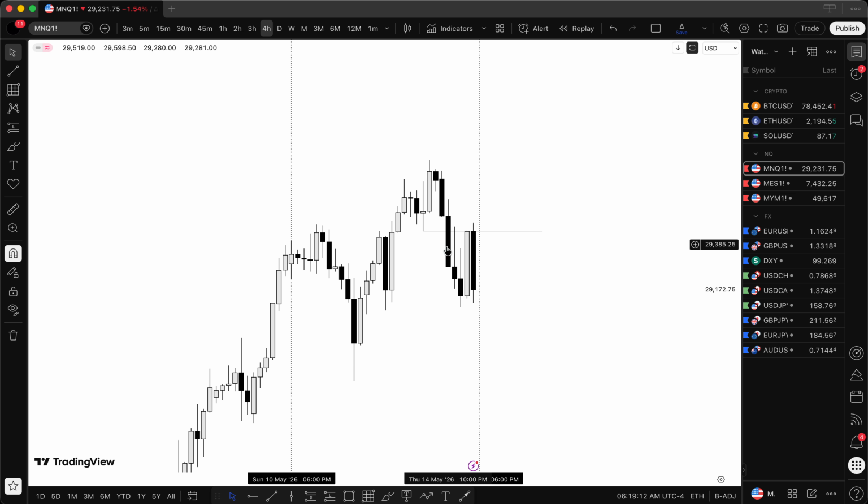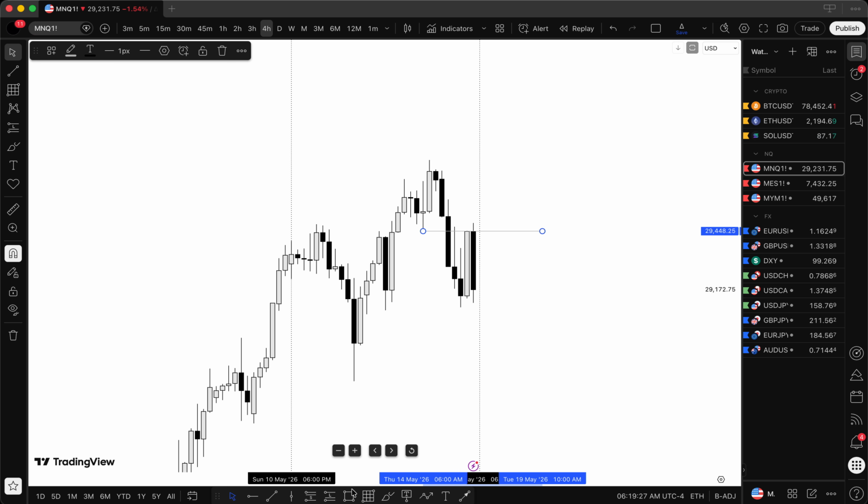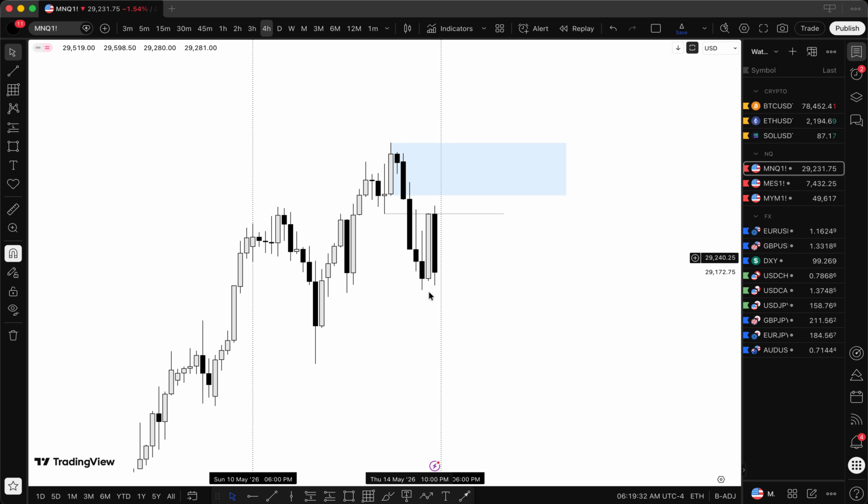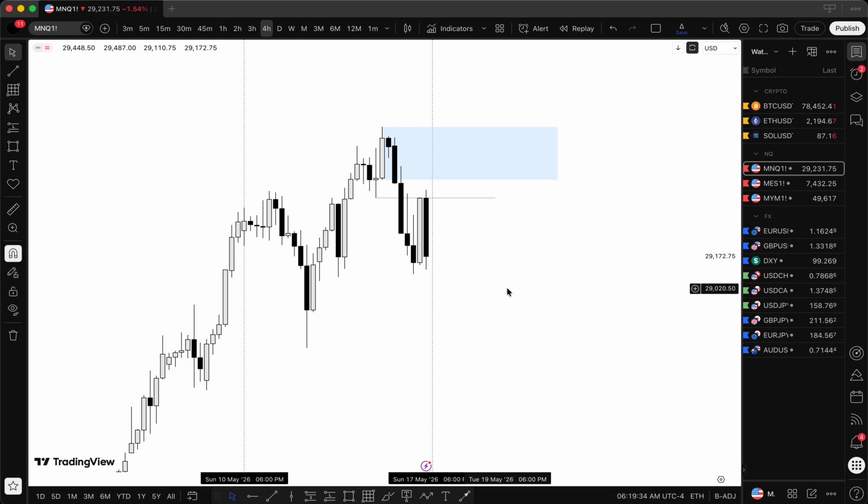Flipped with a fair value gap. And another important thing: to confirm it, you need at least 1-2 closures, and the more, the more confirmation. Now I have a low that took the high, getting flipped. I have a clear model number 1, and what I'm expecting next week.